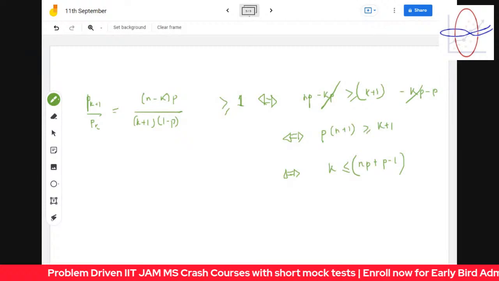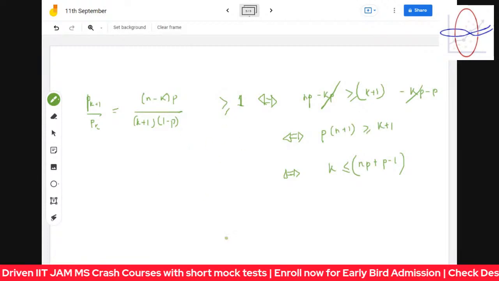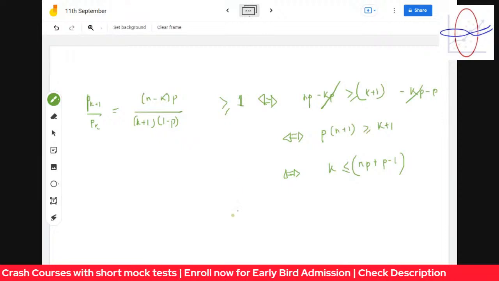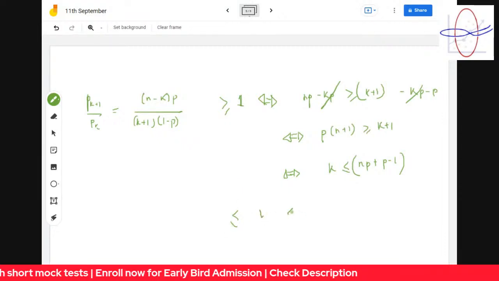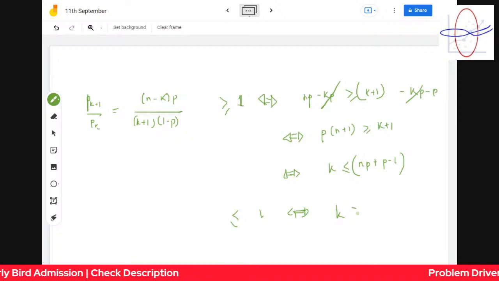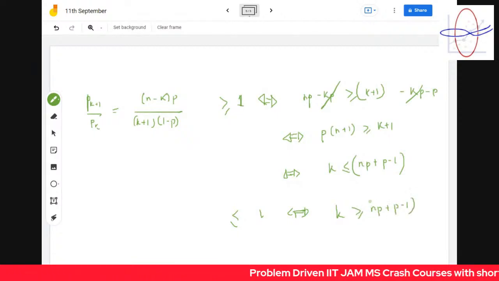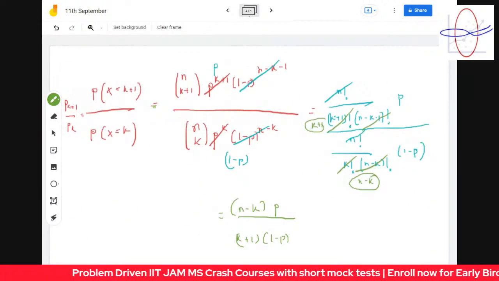And let's see when it's less than or equal to 1. It will of course be less than or equal to 1 if and only if k is just reversed: k greater than or equal to np plus p minus 1. Okay, so we have got that. I think I have done the calculation correctly.